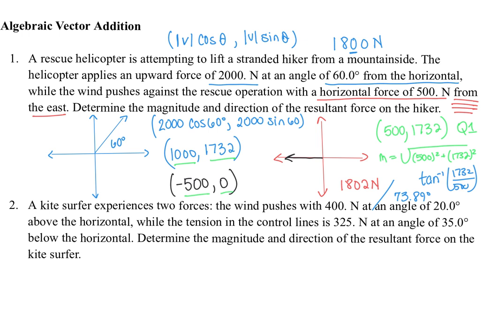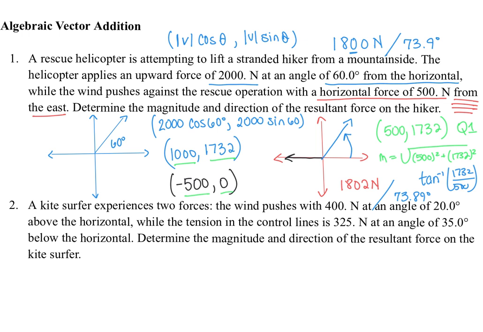My angles. What do I need to do to get that to 3 significant digits for my angles? Round up. 73.9 degrees. However, 73.9 degrees, that's not how they gave me these directions. So how do I actually need to give those directions back? My resultant ends up right here. How would I write that using north, south, east, and west?